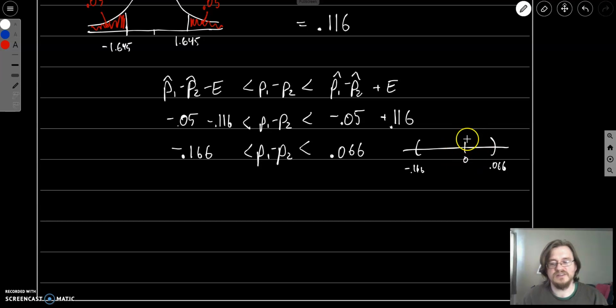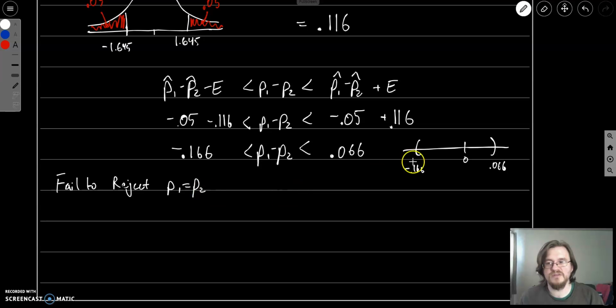So because 0 is inside of this confidence interval, we will fail to reject P1 being equal to P2, because P1 could be equal to P2. There's nothing saying that, so our evidence suggests that if we want to be 90% confident, it could be the case that P1 is equal to P2, that P1 minus P2 could be equal to 0.